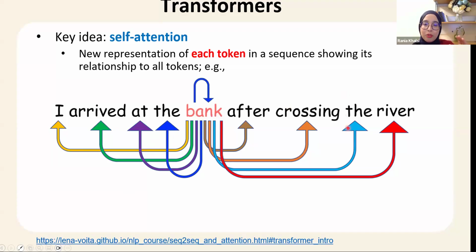Instead of moving step by step and focusing on one part or one time step and looking at the other elements, here we do things simultaneously.